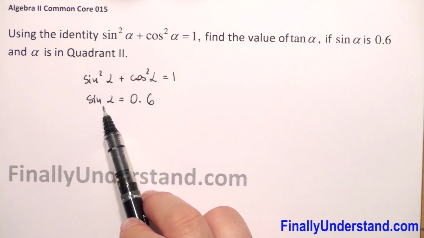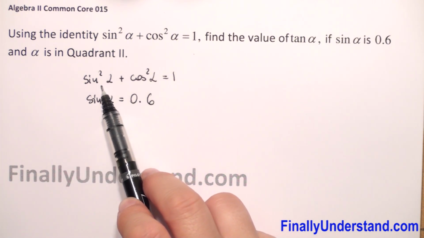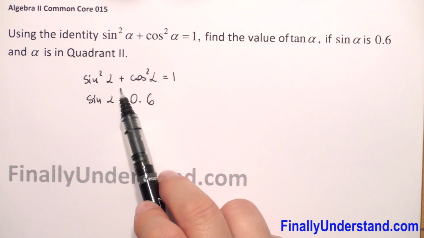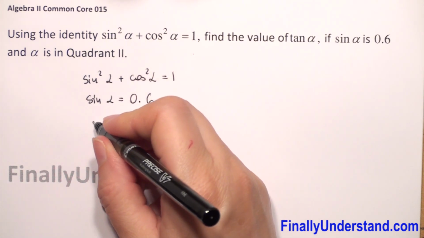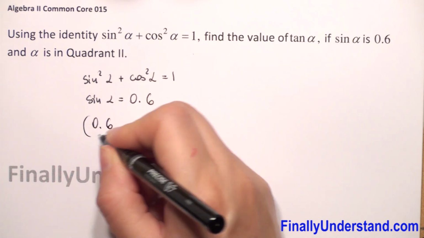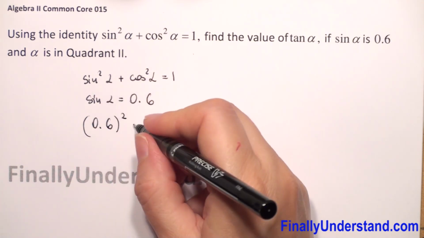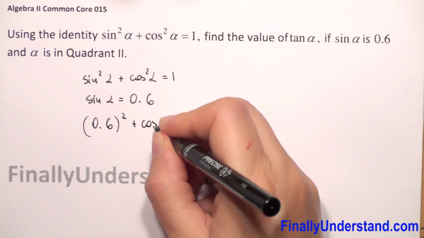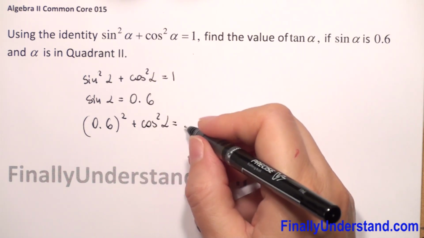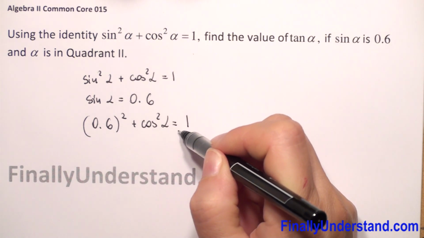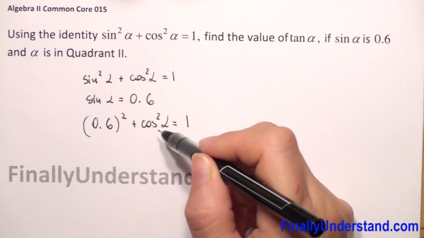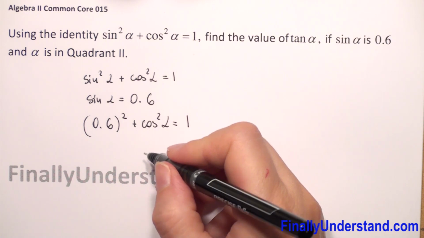Because we are given sine, we can substitute sine alpha by 0.6 in our identity. So we have 0.6 to the second power plus cosine square alpha, and this equals 1. From this equation we can calculate cosine alpha.